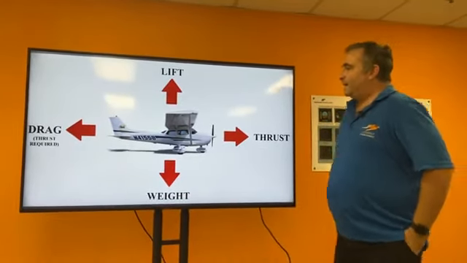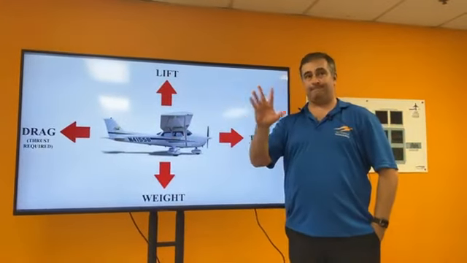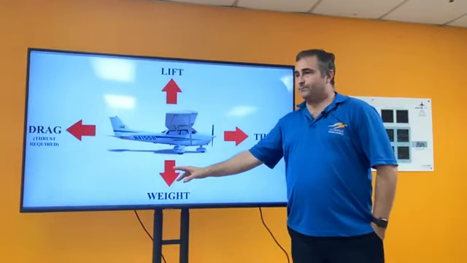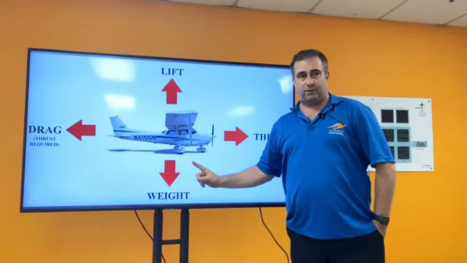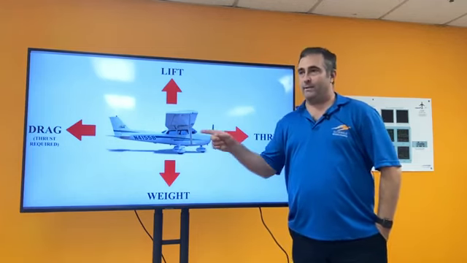So lift and weight, these are opposing normally. I say normally with a real grain of salt, because I can change every other vector. You guys okay if I say the word vector? So direction and magnitude?